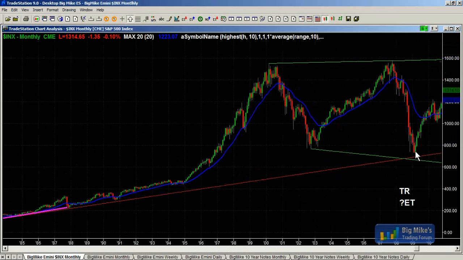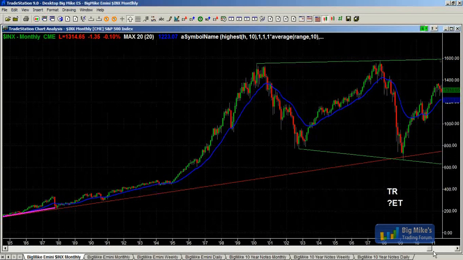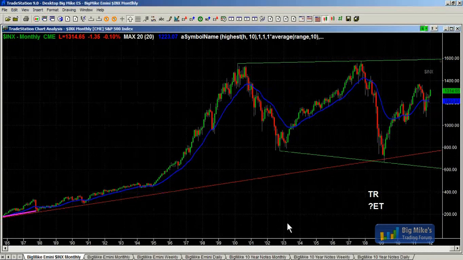But here, 22 years later, when the market crashed in 08 and 09, it poked a little bit below the trend line and found buyers again. And that's just an example of how trend lines are important, even on the monthly chart, and even 20 years after the data points to create the trend line happen.